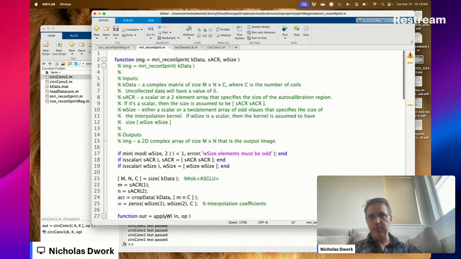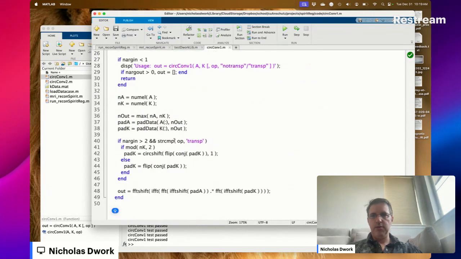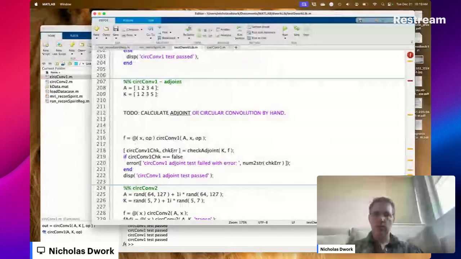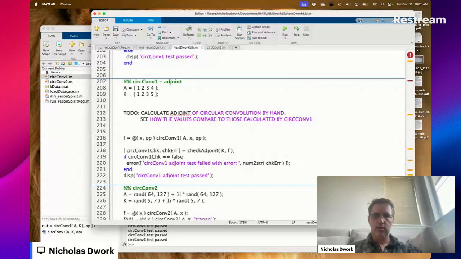I want to be doing SPIRiT, but instead I'm doing circular convolution. That's what we'll do the next time we stream.